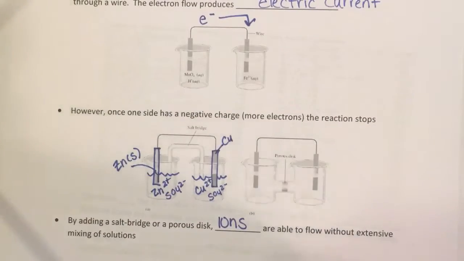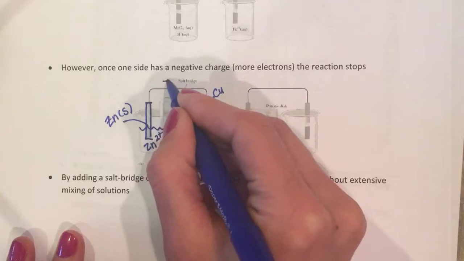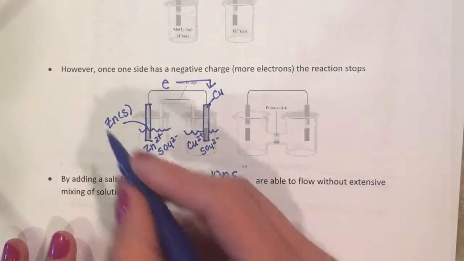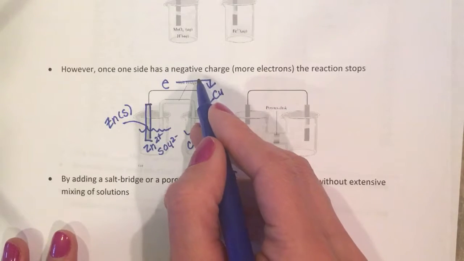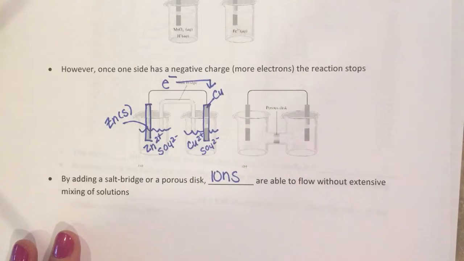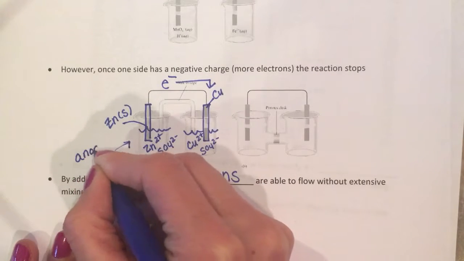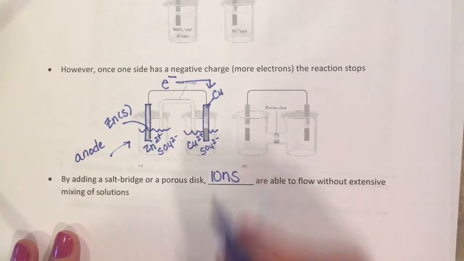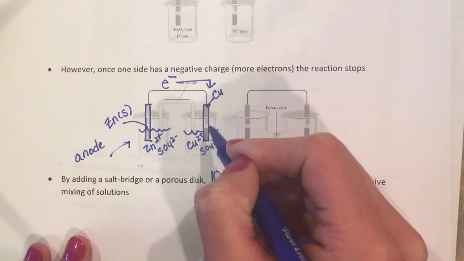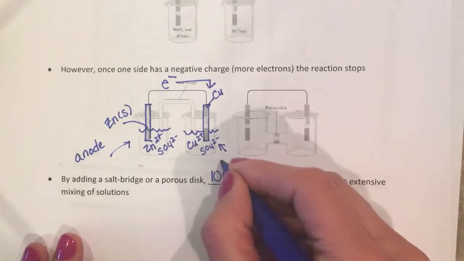So what happens is my zinc metal is going to lose electrons. Those electrons flow this way. Because zinc is being oxidized, it's losing electrons. This side is my anode. Now the electrons are flowing to the copper because copper is gaining electrons. This is my cathode.